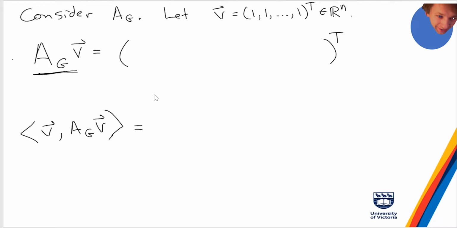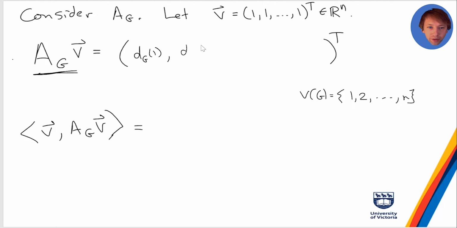The first entry is going to be the degree of the first vertex. I'm dealing with vertex set 1 up to n as the vertex set of G. So this will just be the degree in G of vertex 1 and then vertex 2, etc., because it's just the sum of the first row, which is just the degree.